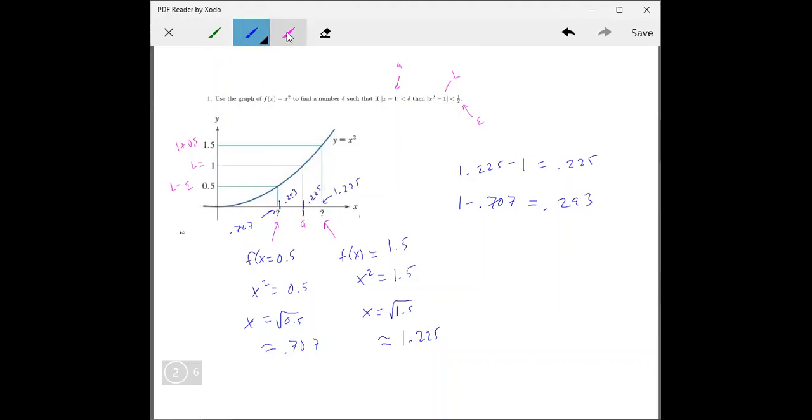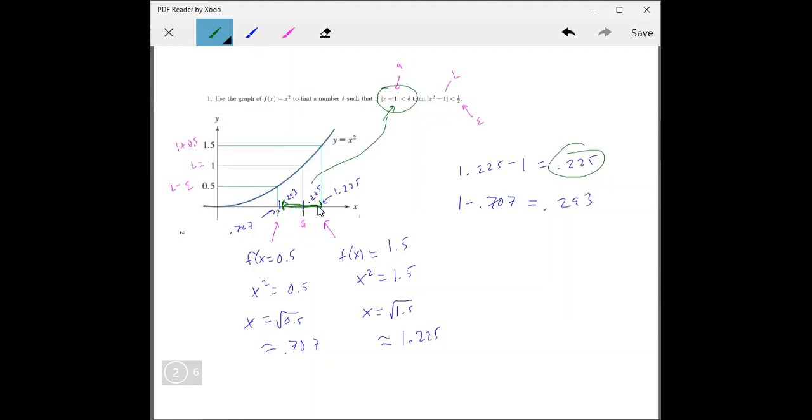So if you take the smaller of these, that's going to be your answer, because if you take the smaller, then when you form that interval, it's going to be from here to here.